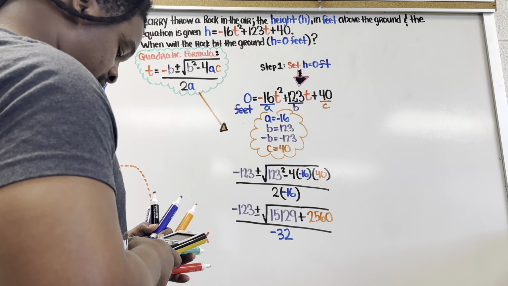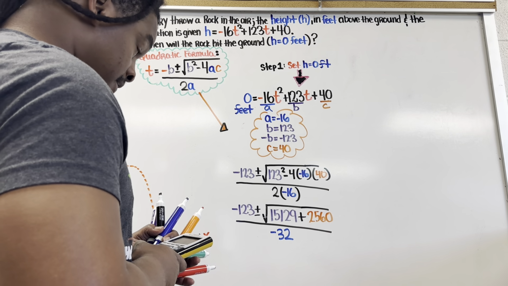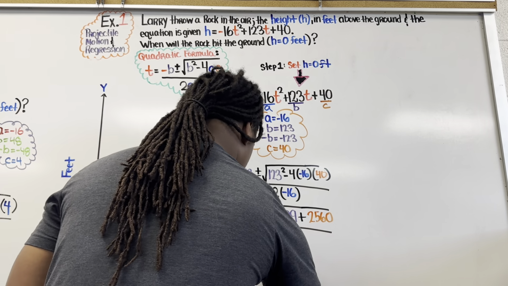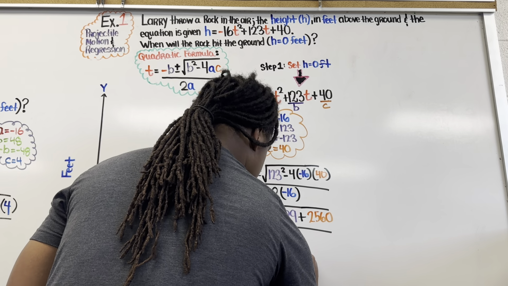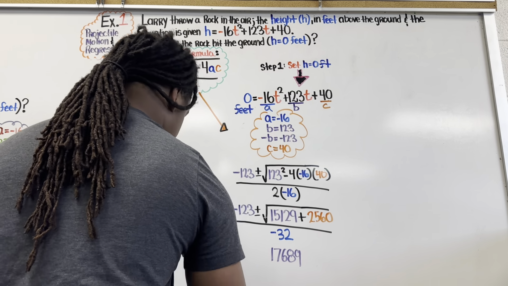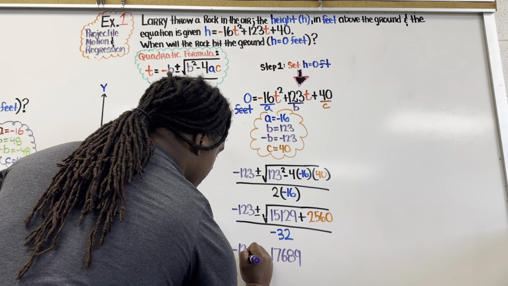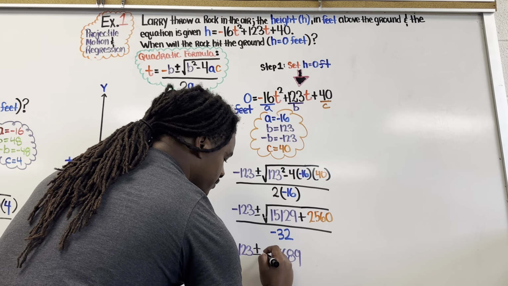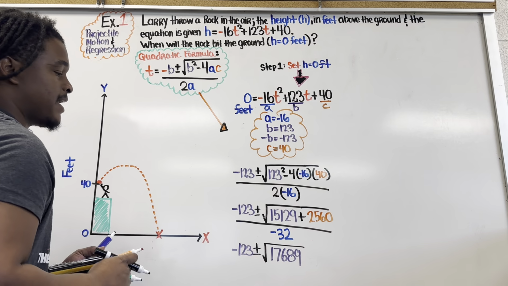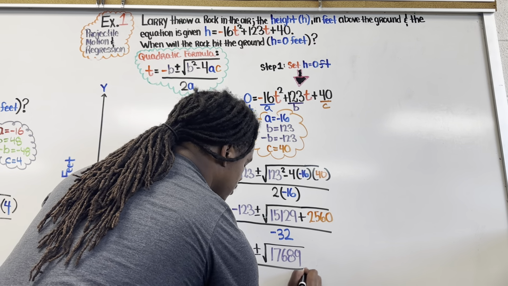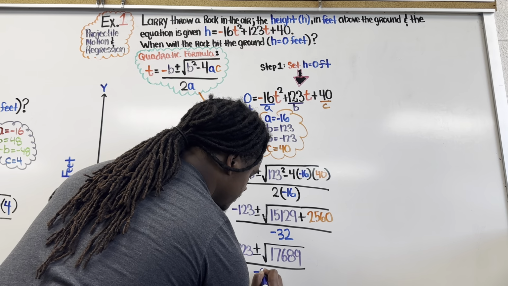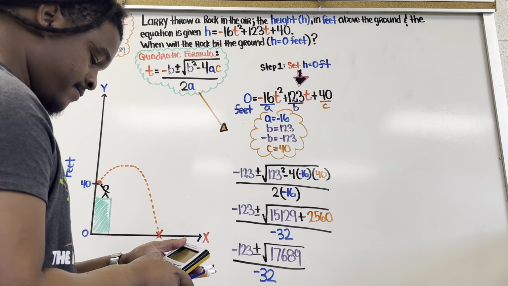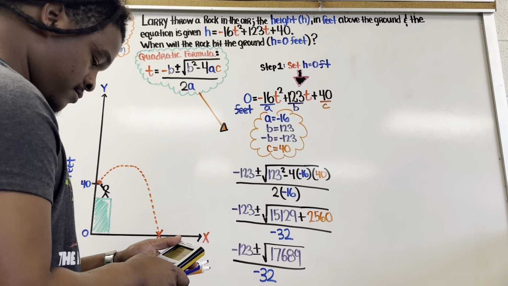Now we're going to simplify inside of the square root. 15,129 plus 2,560 is 17,689. So now let me rewrite that: negative 123 plus or minus the square root of 17,689, all divided by negative 32.